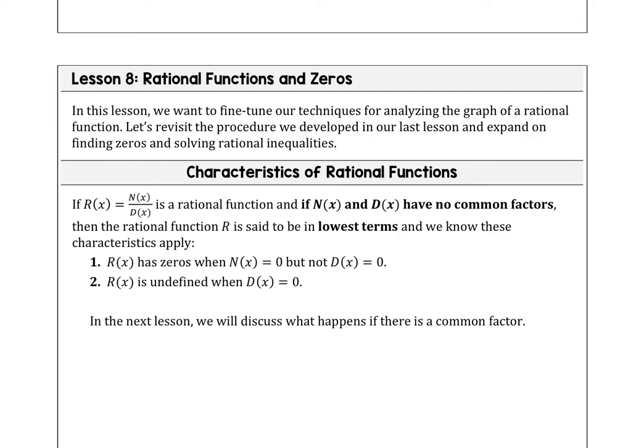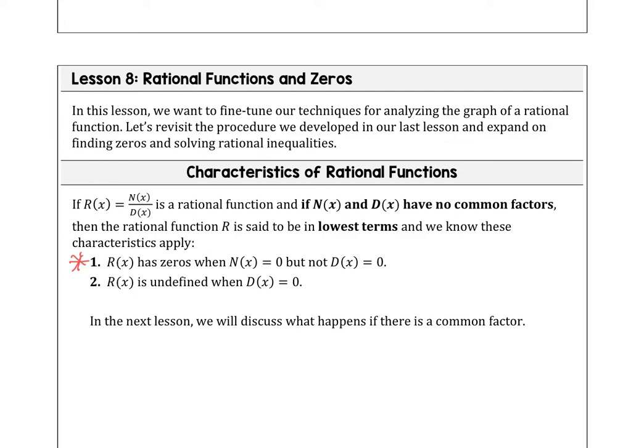If r of x is a rational function and the numerator is n of x, the denominator is d of x, and let's say they have no common factors, then the rational function is said to be in lowest terms, and we know that these characteristics will apply. First of all, we know that there are zeros where the numerator is 0, but not the denominator 0.